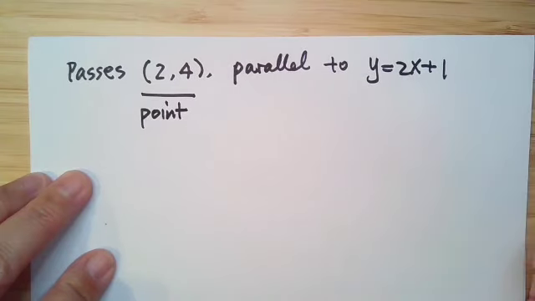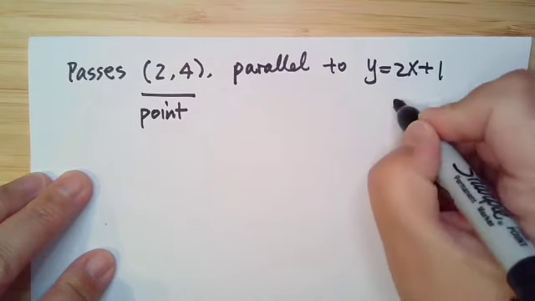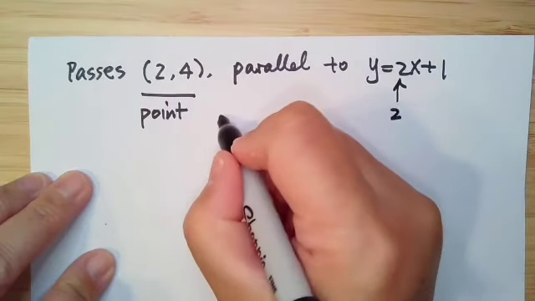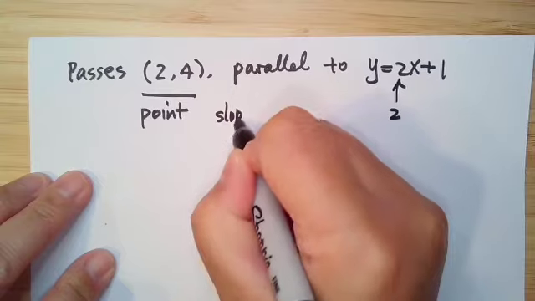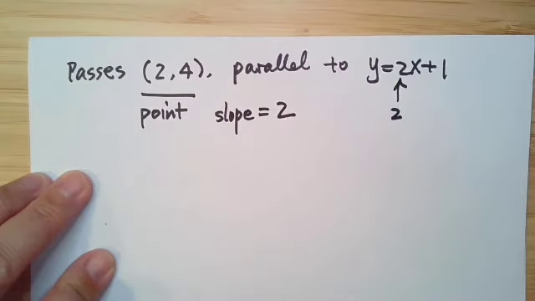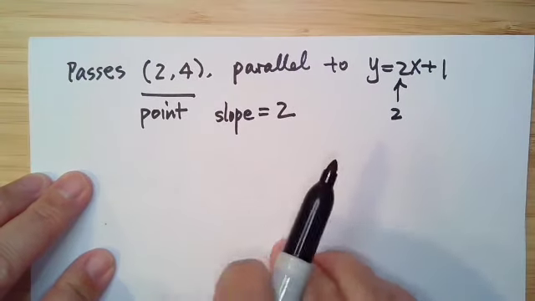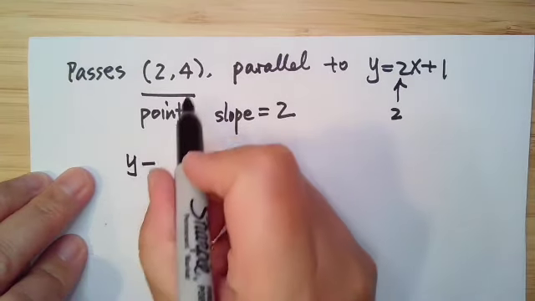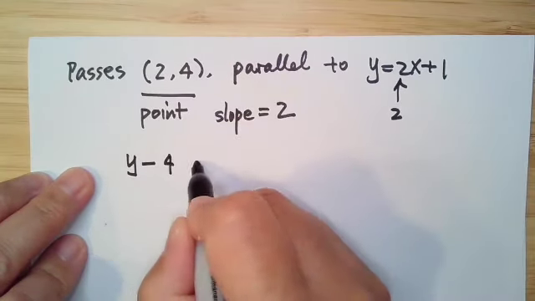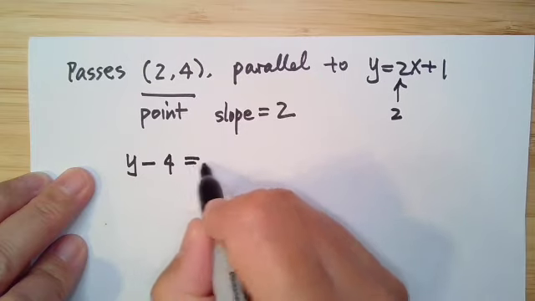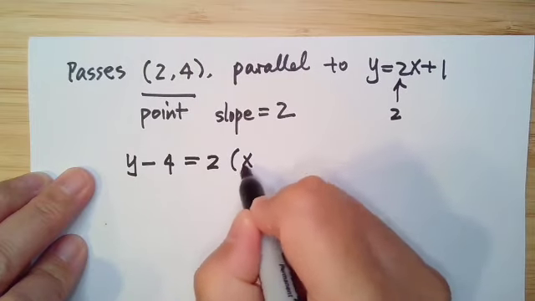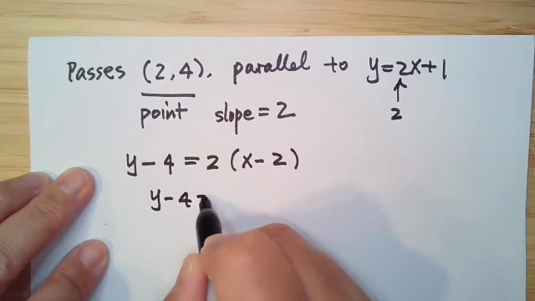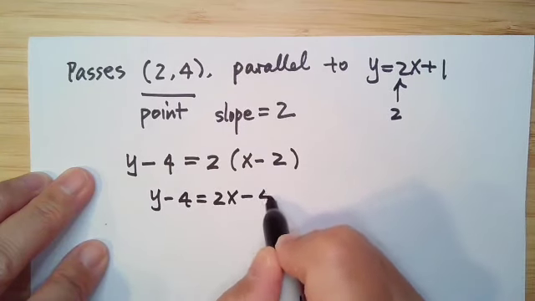Parallel to y equals 2x plus 1. What does that mean? We know the slope. This slope is 2. So if it's parallel, our slope should be the same. Okay, so we have a point, we have a slope. So I can do y minus y1 equals the slope times x minus x1, or y minus 4 equals 2 times (x minus 2), or y minus 4 equals 2x minus 4.